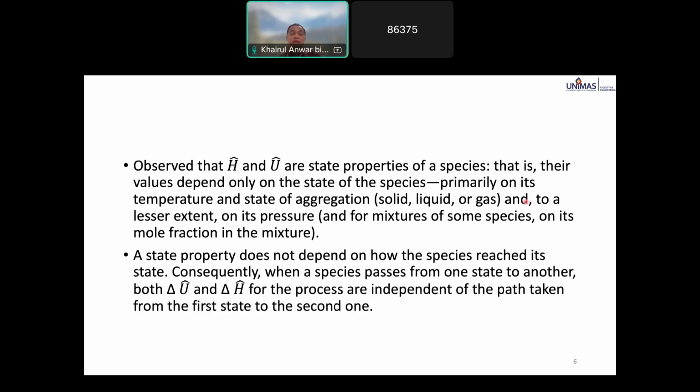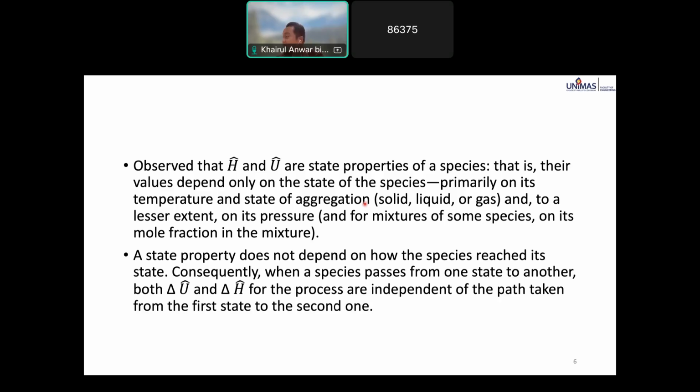So observe that H and U are state properties of a species. That is, their value depends only on the state of the species, primarily on its temperature and state of aggregation, solid, liquid, or gas, and to a lesser extent on its pressure, and for a mixture of species on its mole fraction in the mixture.